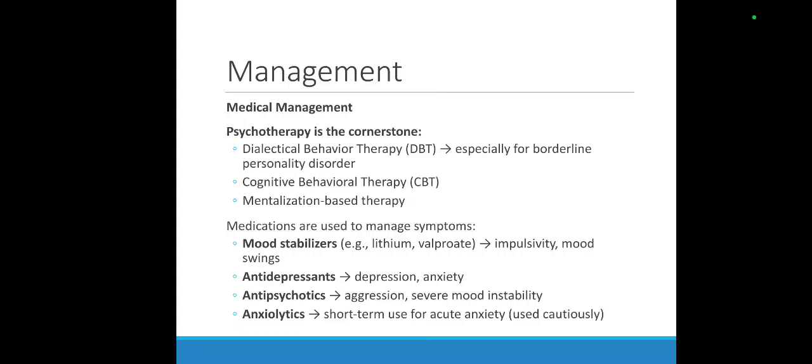So we have dialectical behavior therapy, cognitive behavioral therapy, and mentalization-based therapy. Medications are used to manage symptoms, such as mood stabilizers for impulsivity and mood swings, antidepressants if the patient experiences depression or anxiety, antipsychotics for episodes of aggression or severe mood instability, and anxiolytics for short-term use for acute anxiety. However, they should be used cautiously.